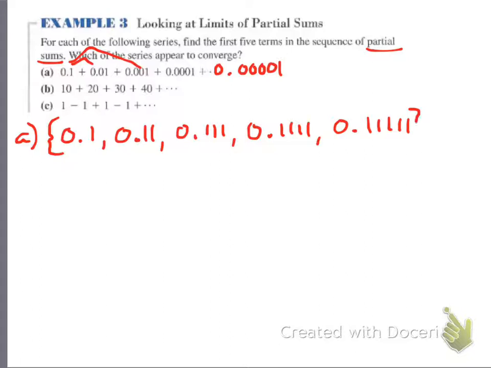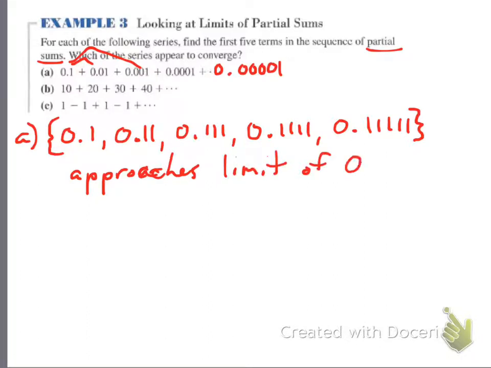Okay? Now, this approaches, I can't spell, it approaches a limit of 0.1 repeating, right? You can just see, we're just keep adding ones forever and ever and ever. Now, what is 0.1 repeating? You can figure out in your calculator 0.1 repeating as a fraction.